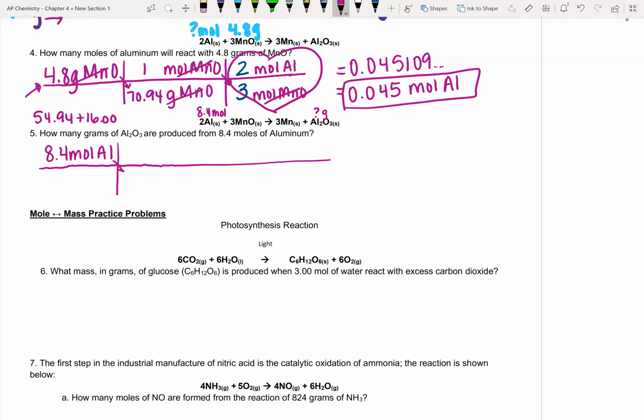The first step, I'm going to cancel those moles of aluminum by taking them down into the denominator. And again, this is the first time the moles are in the denominator, so that means I'm going to do the mole to mole ratio first. So the substance I'm switching to is the moles of aluminum oxide.